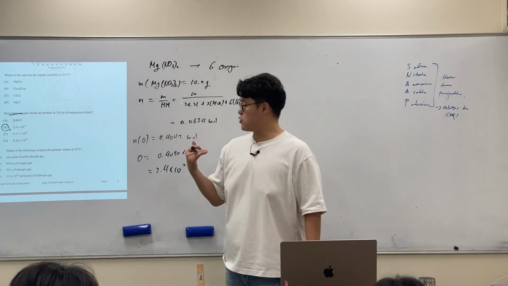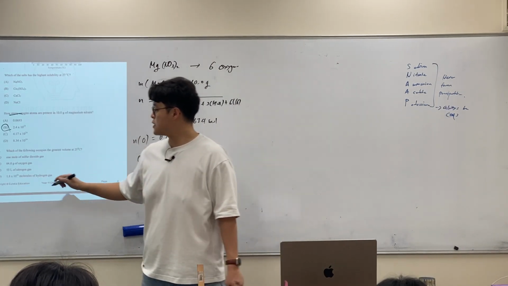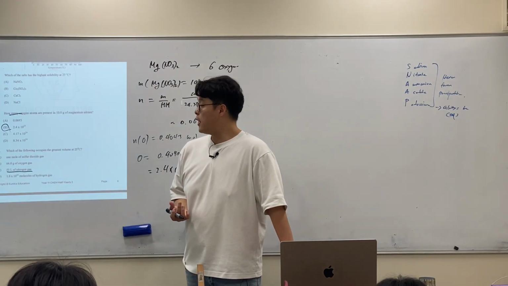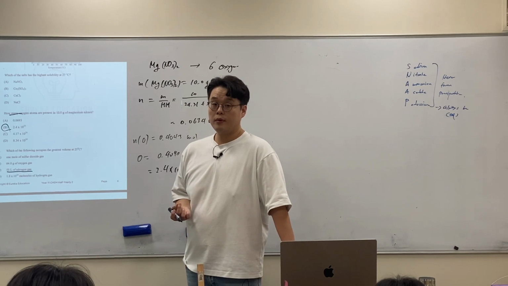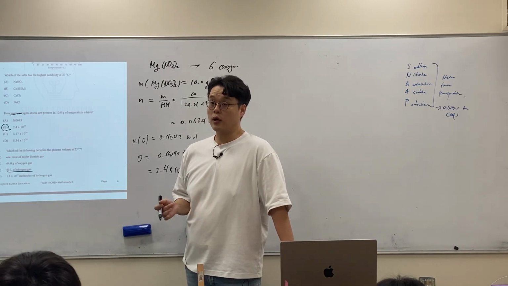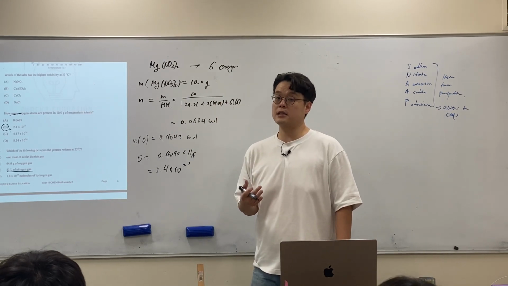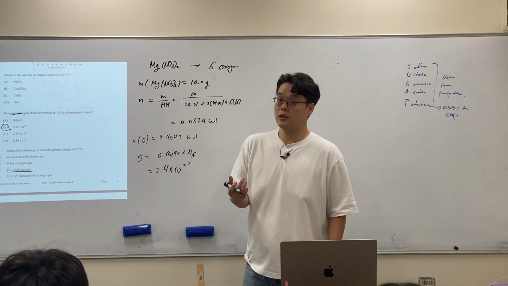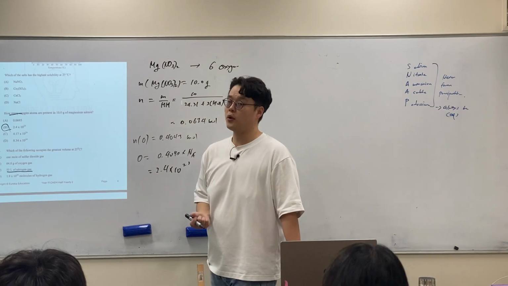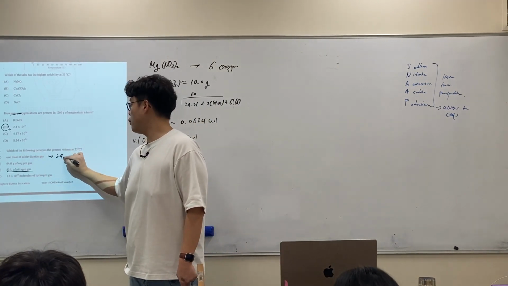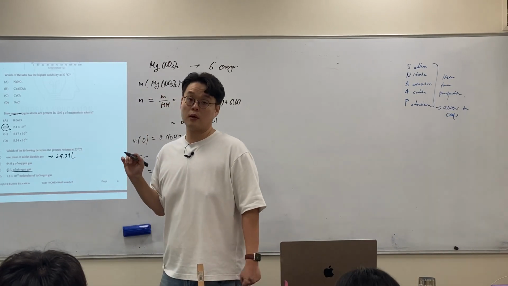For each of these, except C, which is given the volume, you can find the volume of the gas using the molar volume at SLC, which is 24.79. So given 1 mole, that straight away gives us 24.79 liters.